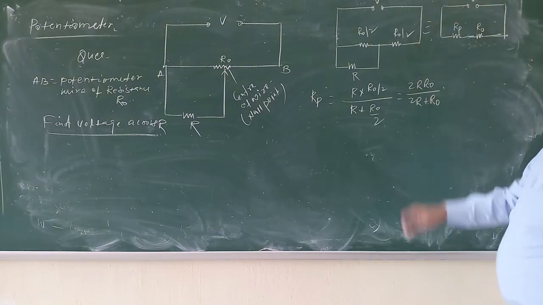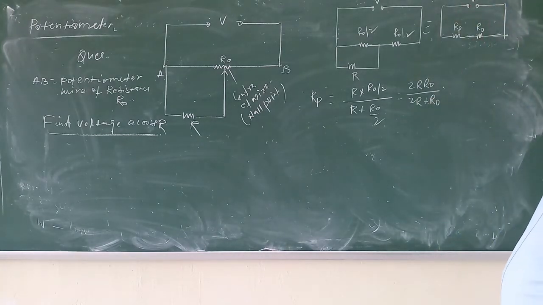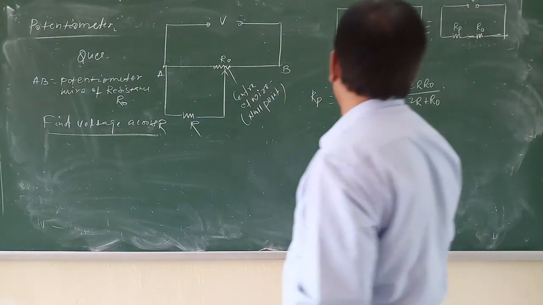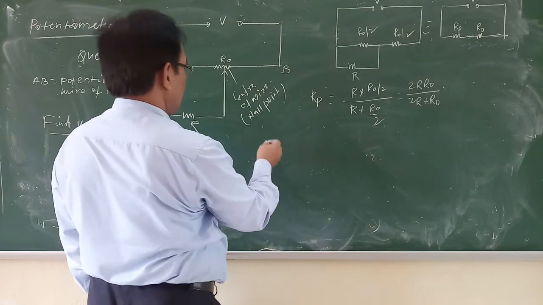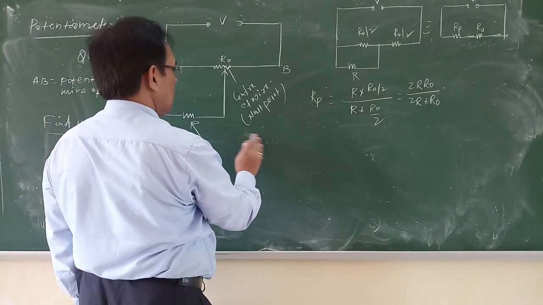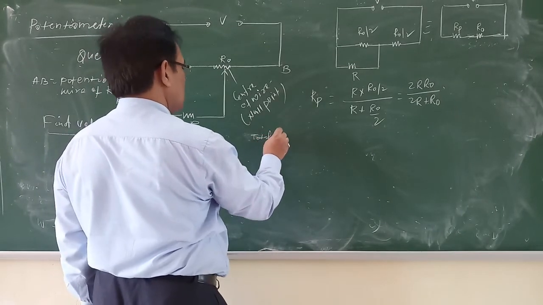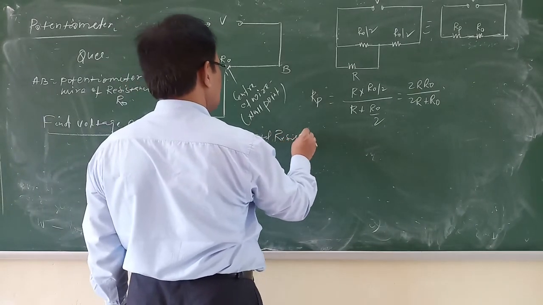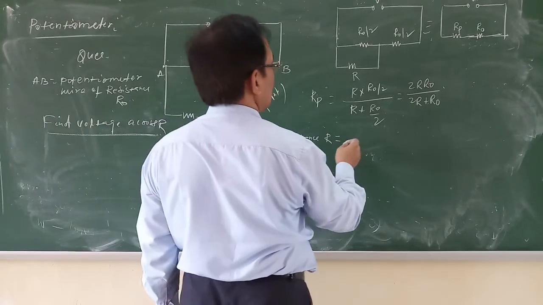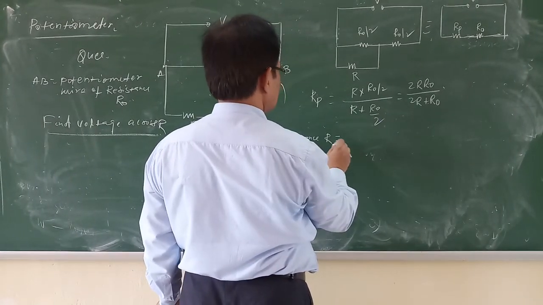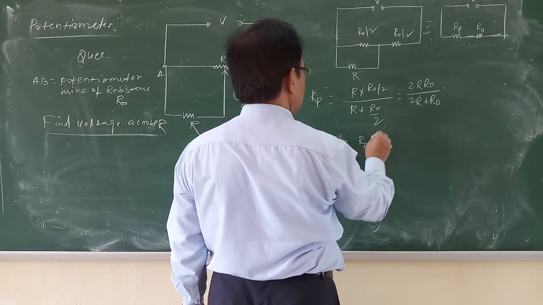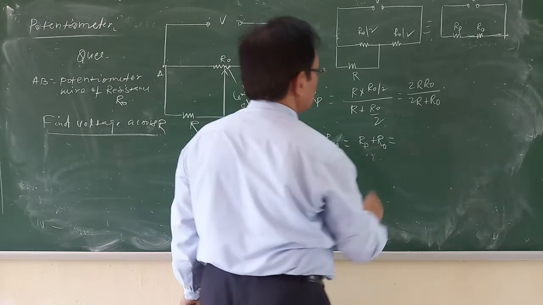This is V. So total resistance is equal to Rp plus R0 by 2.